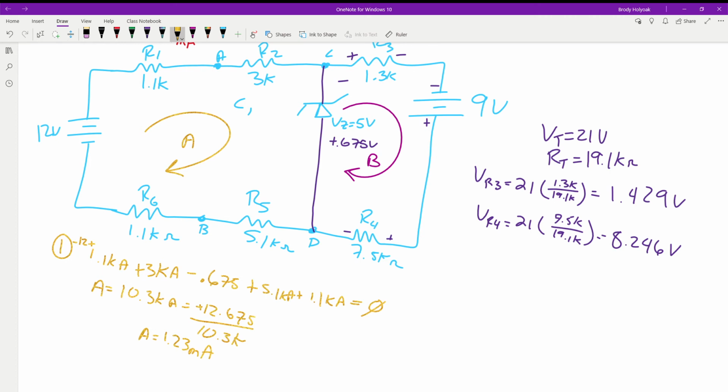We can then find those voltages. What do we have for current for B? Now, in this instance, we don't necessarily have to use the mesh because we know what that voltage is going to be. But we're still using Kirchhoff to solve for all these.